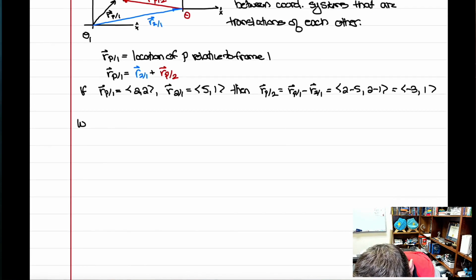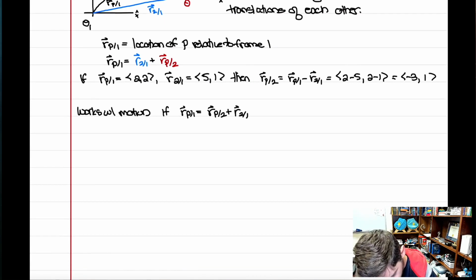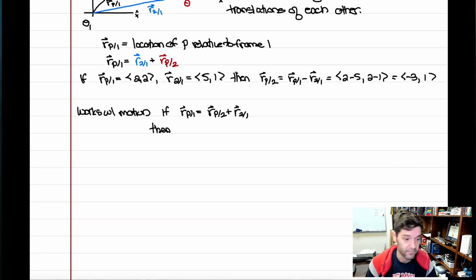And then this works again with motion as well. If r of p over 1 equals r of p over 2 plus r of 2 over 1, then I could easily take the derivative of this expression.